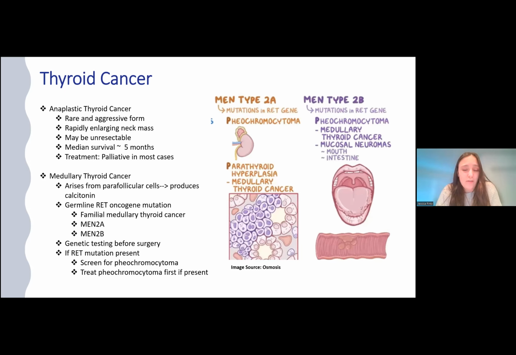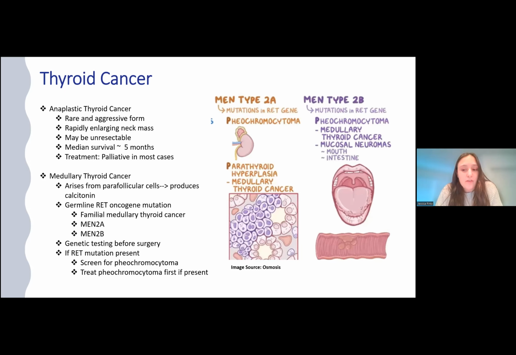And then medullary thyroid cancer, just super interesting from an endocrine standpoint. It arises from the parafollicular cells, which produce calcitonin. There's some controversy on whether calcitonin should even be measured initially when there's a thyroid nodule. It doesn't seem like it's recommended, but I do wonder if it's a great surveillance marker for medullary thyroid cancers.